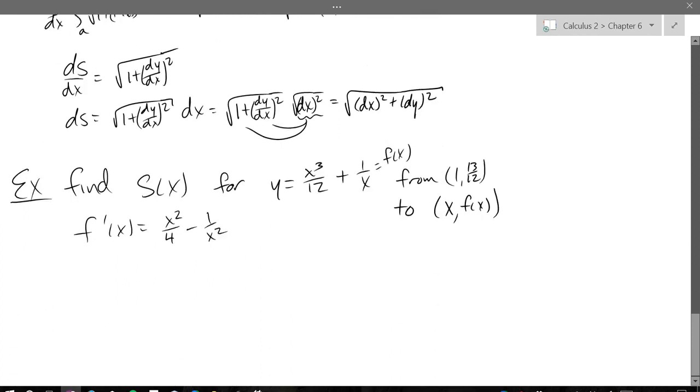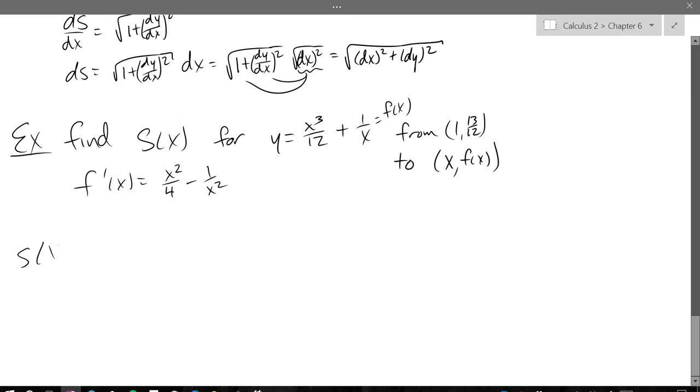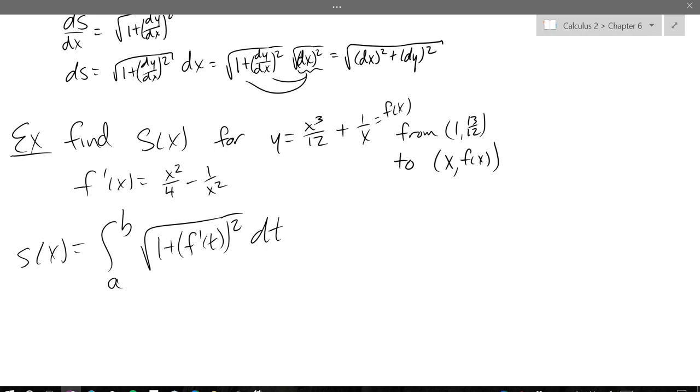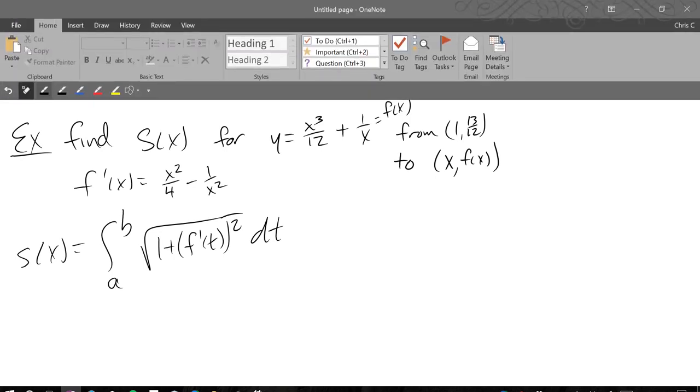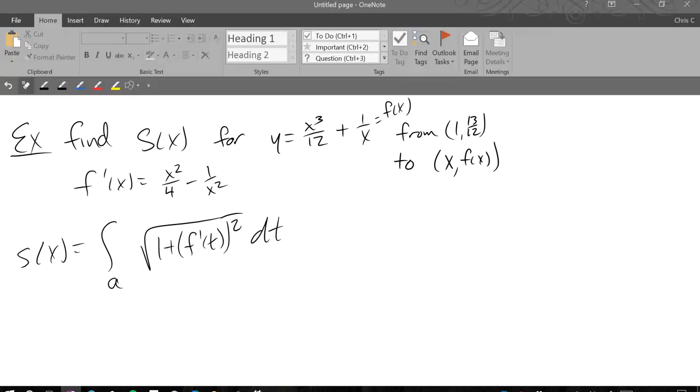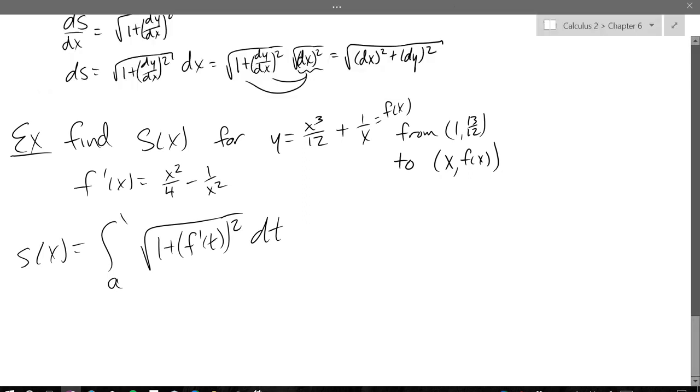Integral from a to b of the square root of 1 plus f prime of t squared dt. Ooh, that's not right. What's wrong about what I just wrote down for S of x? Yeah, it should be x up there. Okay, so that should be S of x.